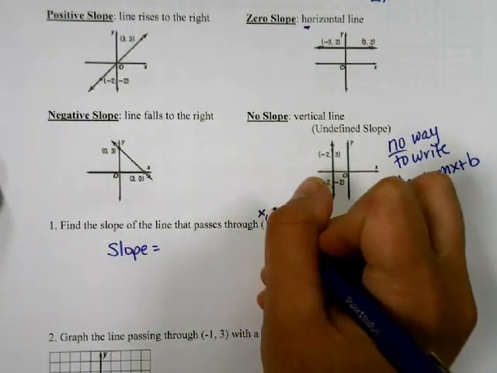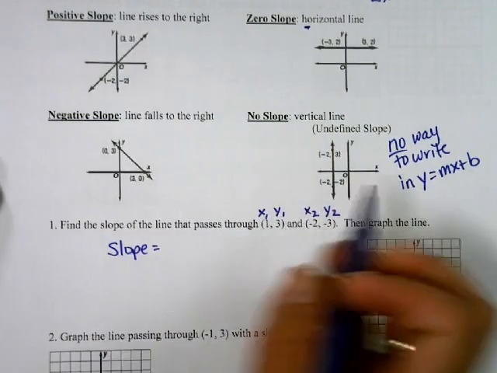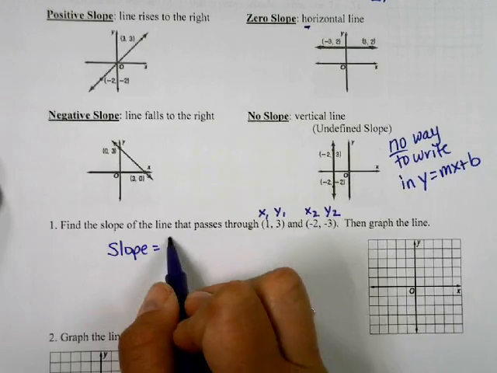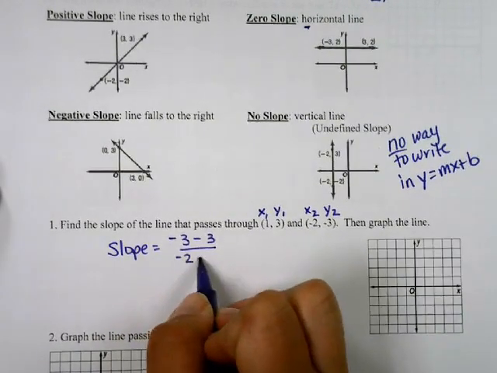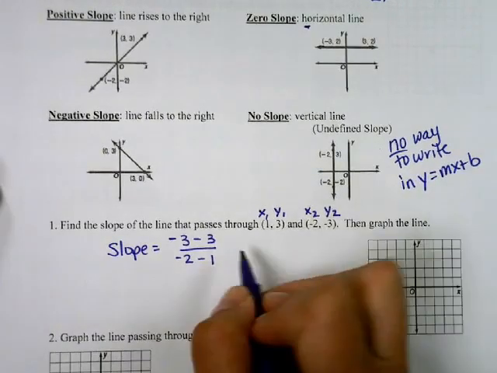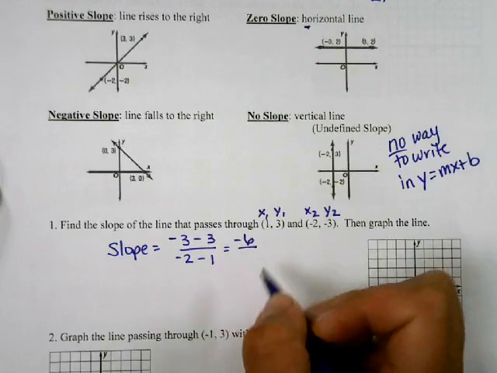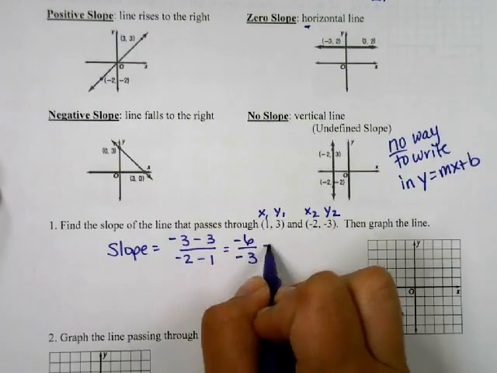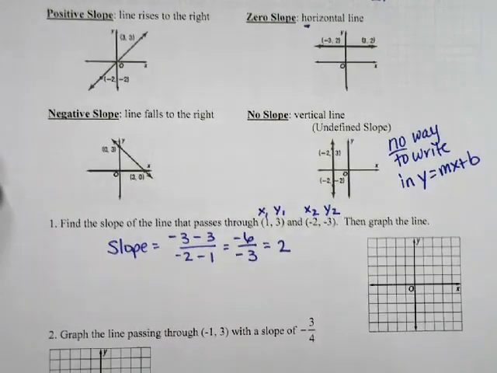I'll label these x1, y1, x2, y2, and it doesn't matter as long as I keep it consistent. So -3 minus 3 divided by -2 minus 1. -3 minus 3 is -6, -2 minus 1 is -3, and -6 divided by -3 is +2.